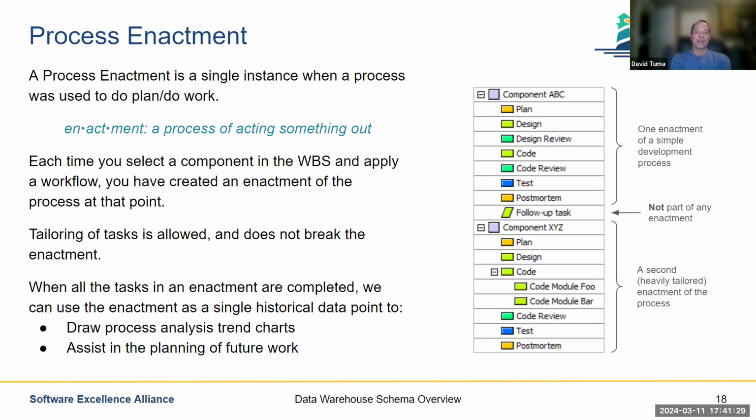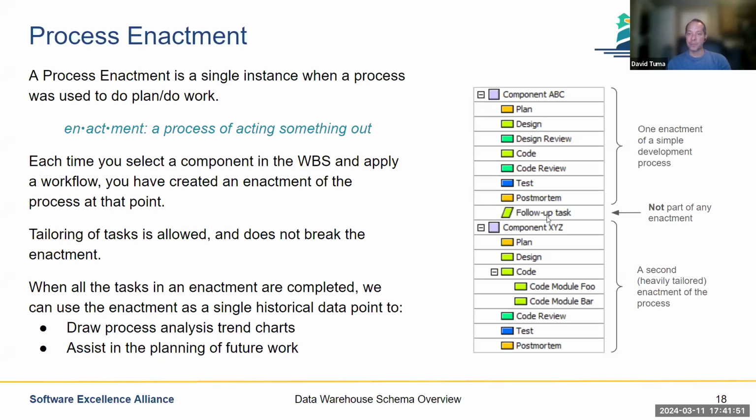As an example, I can show this component ABC. Somebody applied a workflow that had these steps: plan, design review, code review, test, and postmortem. Those were the steps in their simple development process. And so all of the things in this little curly brace create an enactment of that process.